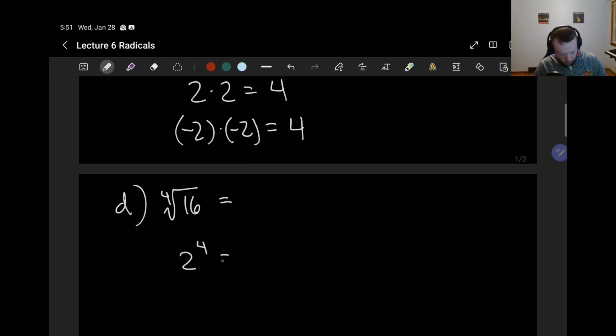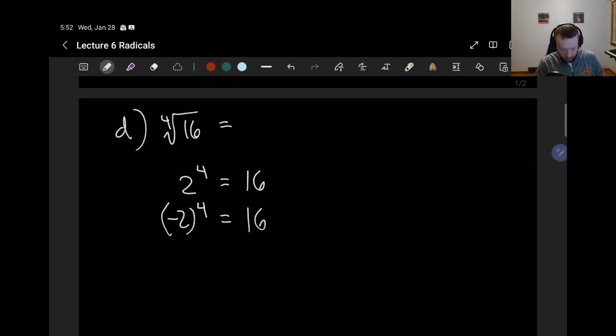I want to say 2 because 2 to the fourth is 16. Well, that's a very good instinct. Well, the thing is, -2 to the fourth actually gets you in the same place because I'm taking it to an even power.